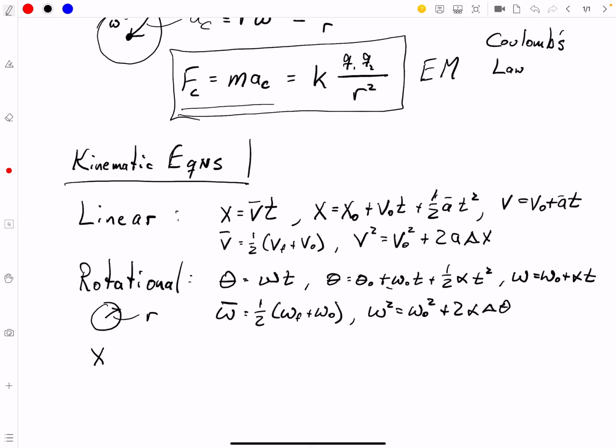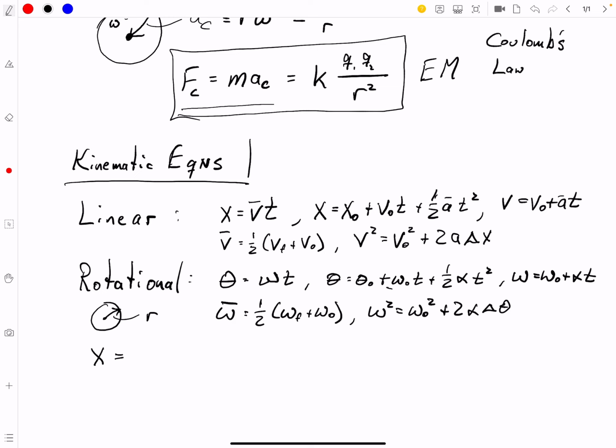This is our radius from the center of the circle. Our radius is the key to the rotational equivalence of linear.